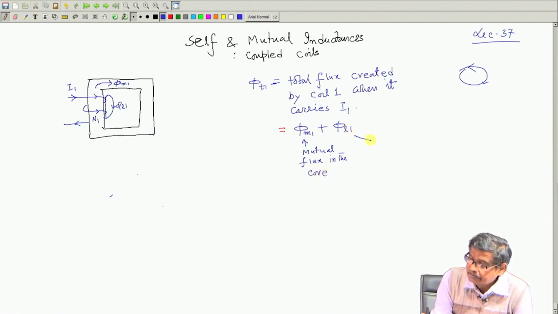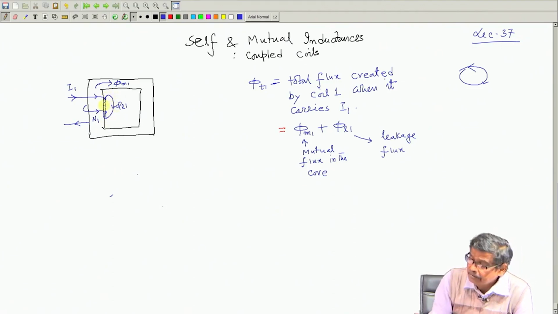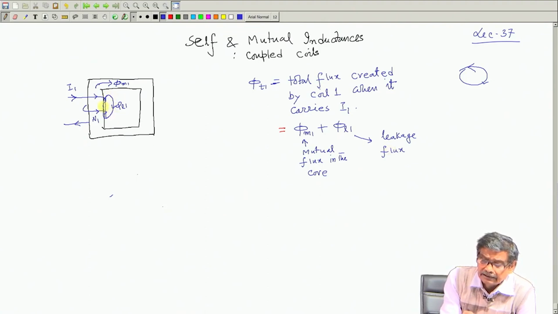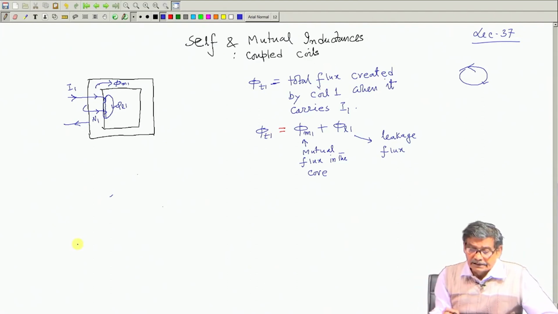This other part is called leakage flux, which completes its path through a part of the core, through the first coil and through the air. It is not in the core, but nonetheless the total flux created by coil number 1 when it carries current I1 is this one. And what is self inductance?